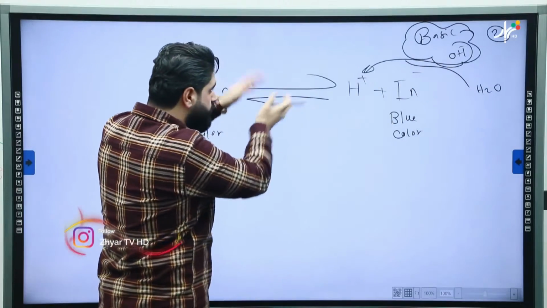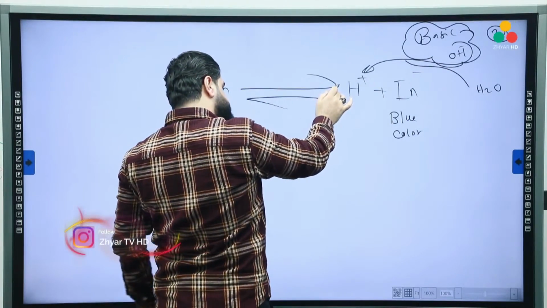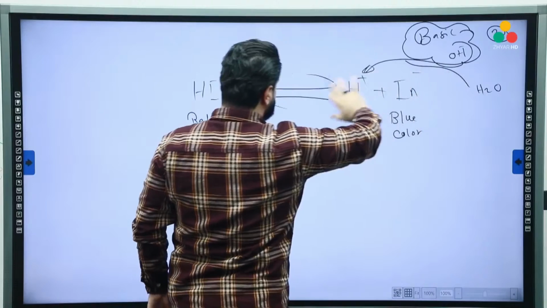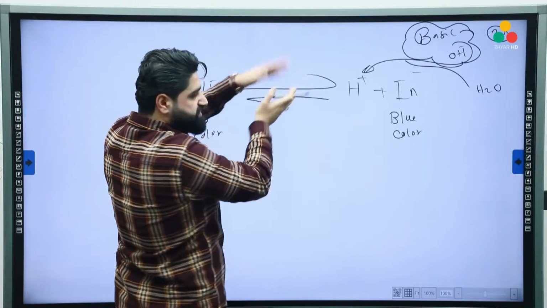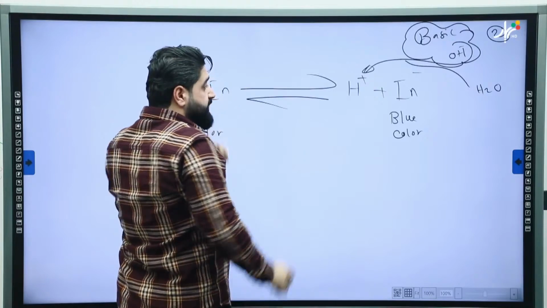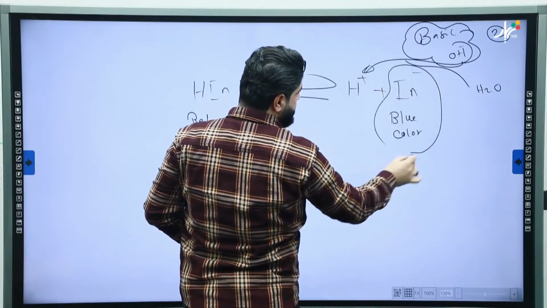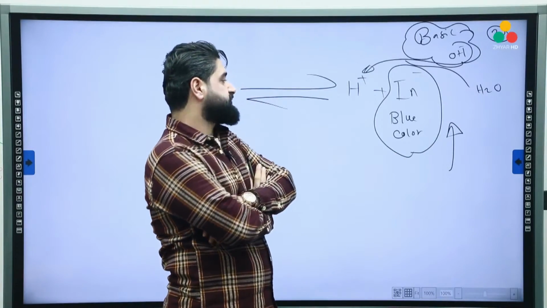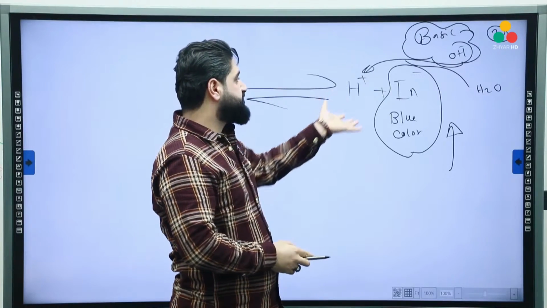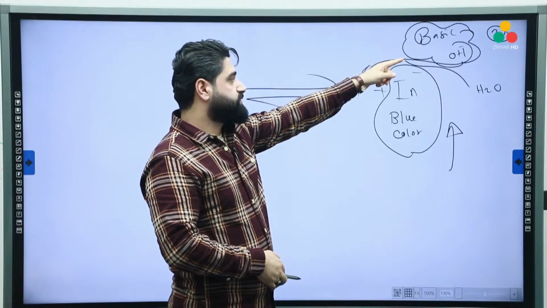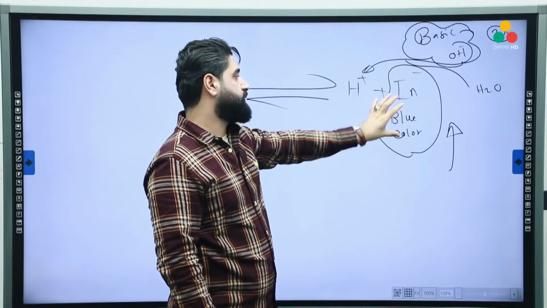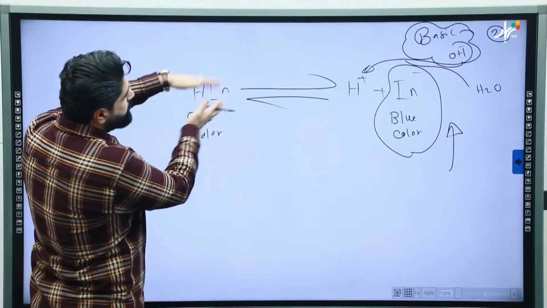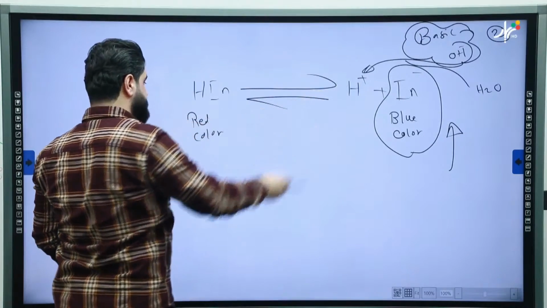So it will dissociate more, and every H plus produced will immediately react with OH, so it will dissociate again. There will be a big chance for In negative to increase, because it won't go through any reaction with any particle.